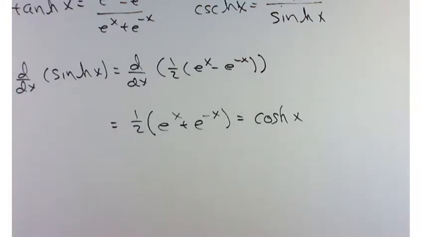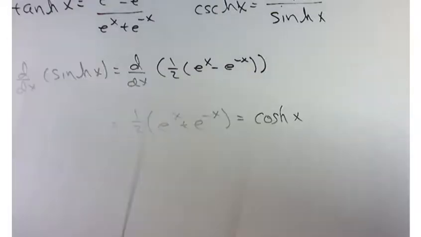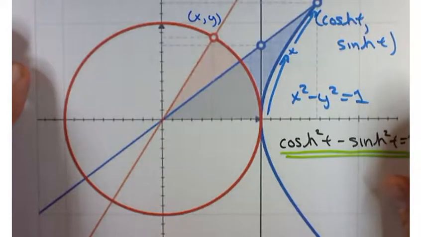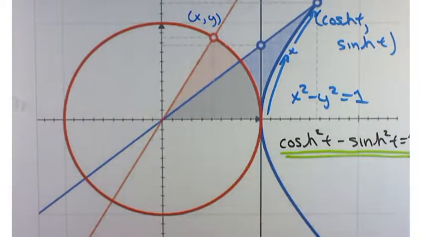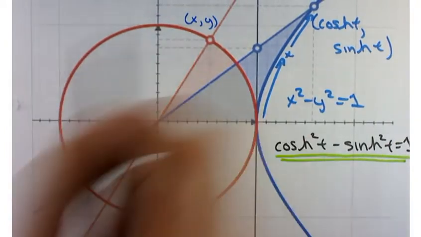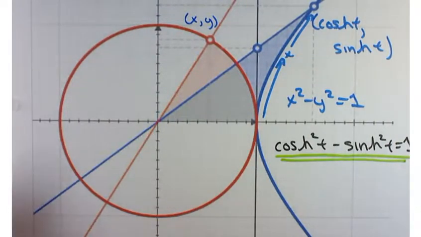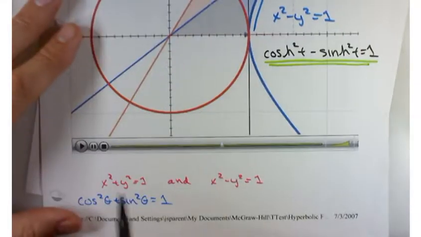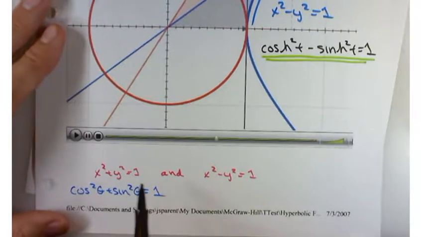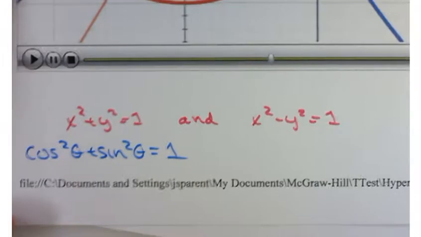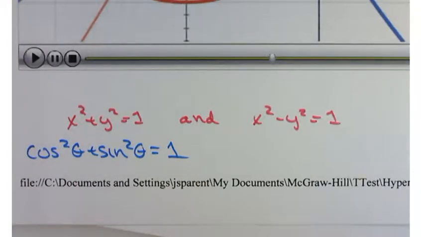If you want to have a little bit more of an understanding of these functions, you can look at this graph right here. So our unit circle helped us define our trig functions. Our unit circle was this one, x squared plus y squared equals 1. And from that, you got a basic identity, cosine squared plus sine squared equals 1.